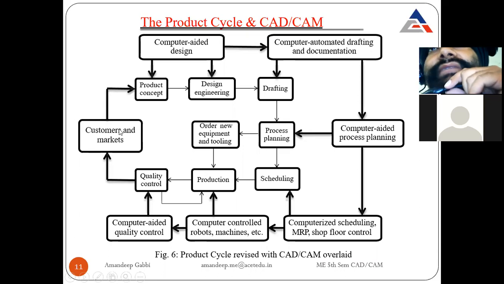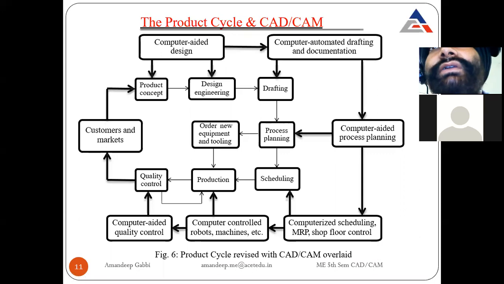There will be customer feedback that this product will be better if it is done like this. The feedback of the customer is again taken as a product concept, and that input goes into the design. There are changes in the design. Again, that process will keep on continuing. There is no department that is sitting idle in industry.